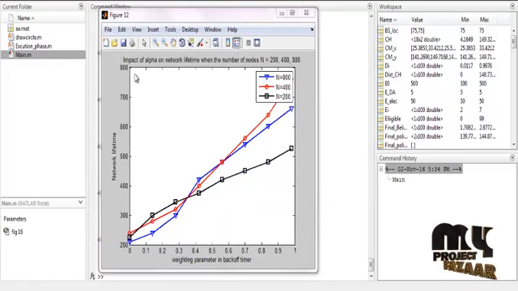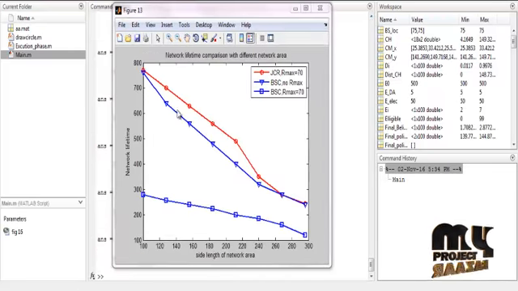Similarly, the impact of alpha on network lifetime and the number of nodes: NS is equal to 200, 400 and 800. Blue indicates NS equal to 800, red indicates NS equal to 400, and black indicates NS equal to 200. The waiting parameter in the backup timer is 0 to 1. This shows the impact of alpha on the network lifetime for different numbers of nodes.